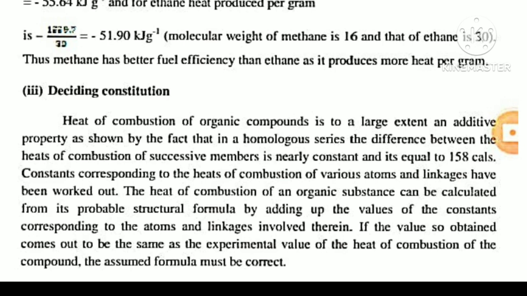Constants corresponding to the heats of combustion of various atoms and linkages have been worked out. The heat of combustion of an organic substance can be calculated from its probable structural formula by adding up the values of the constants corresponding to the atoms and linkages involved therein. If the value so obtained does not agree with the experimental value of the heat of combustion of the compound, the assumed formula must be corrected.